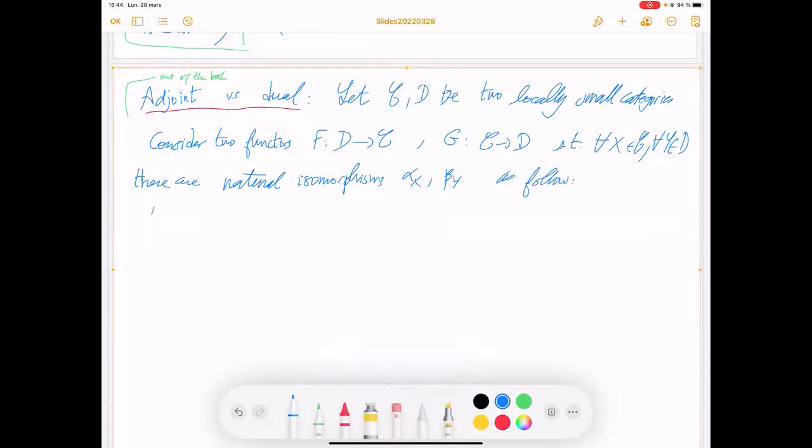So you start from this functor. So you have the functor which, from an element of D, I want to make that shorter.